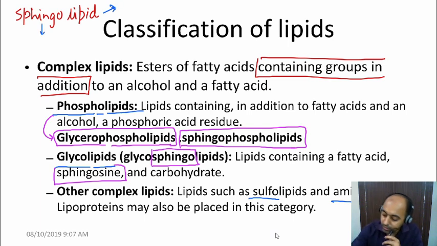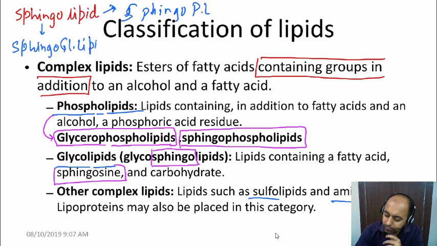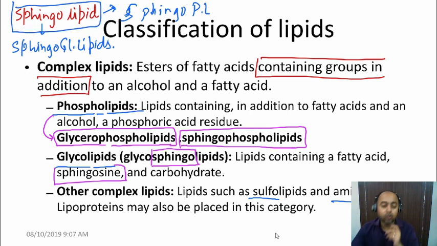One is the sphingophospholipid and second is the sphingoglycolipids. So remember, the sphingoglycolipids, or the glycosphingolipids, as well as the sphingophospholipids, both of them are a type of sphingolipid.